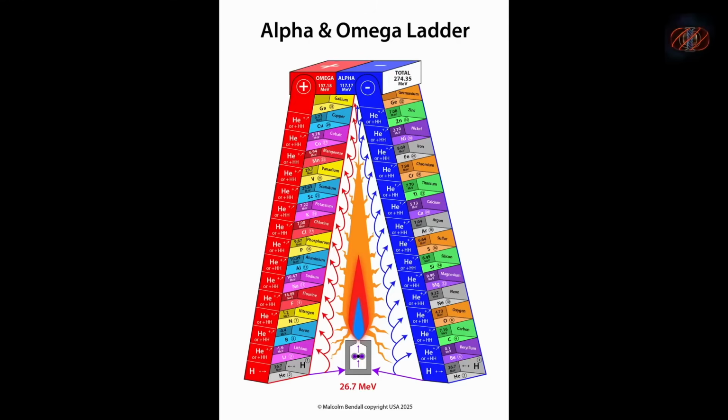And then the stars start a different process where they burn and fuse helium. And you go up the ladder this way. This is the alpha ladder, and this is what Malcolm calls the omega side, the odd numbers one. And each of these fusion processes, when you do the fusion, you are increasing the energy.